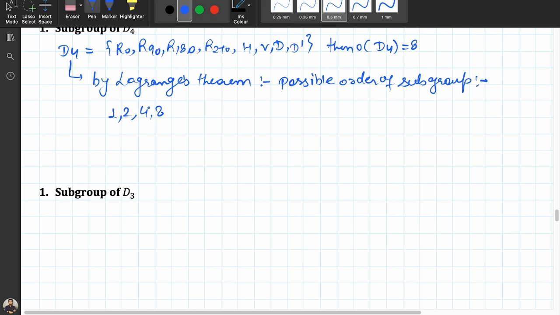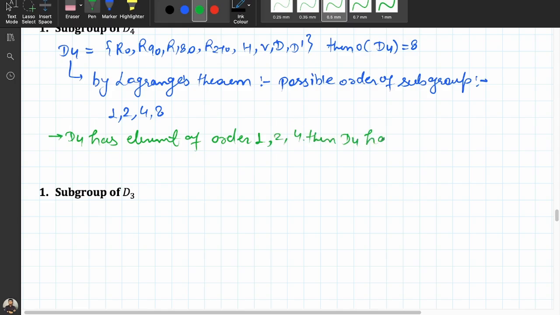Okay, so these are possible, not necessarily actual. Then D4 has an element of order 1, order 2, and order 4. So D4 has subgroups of order 1, 2, and 4. There is no subgroup of order 8.